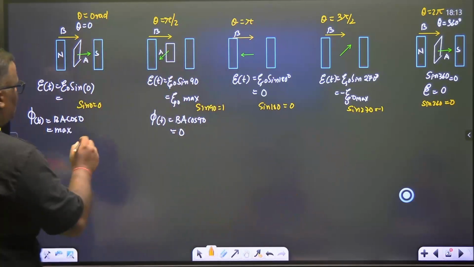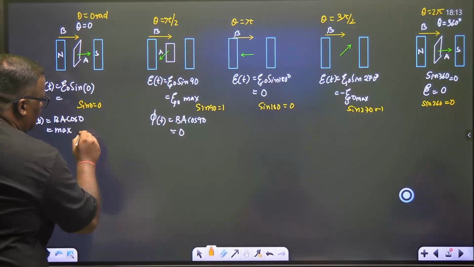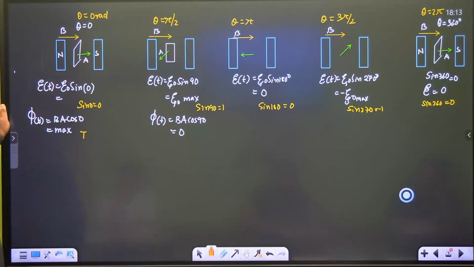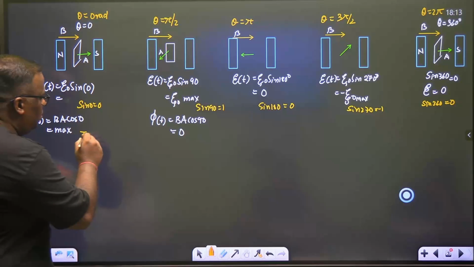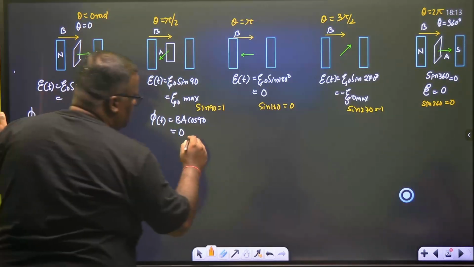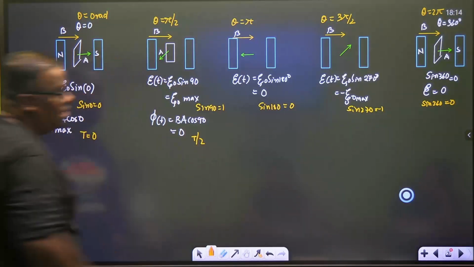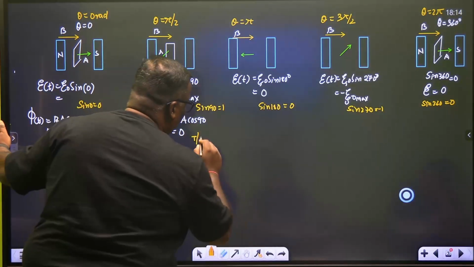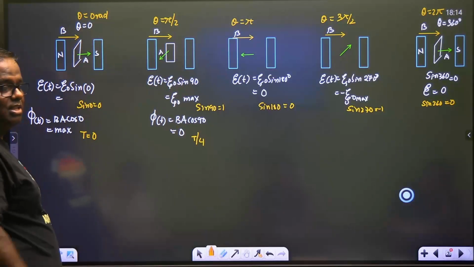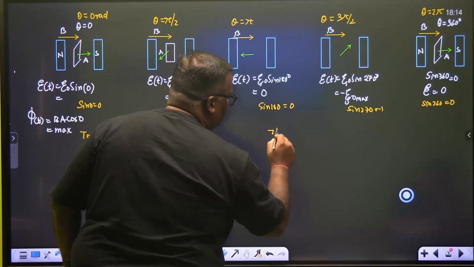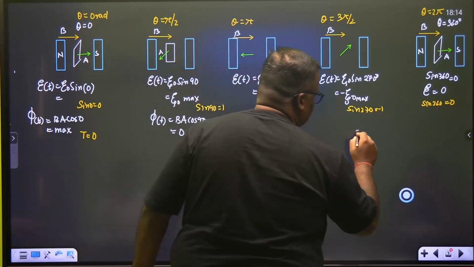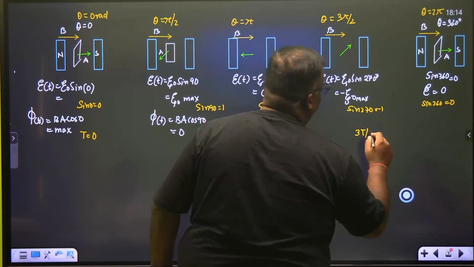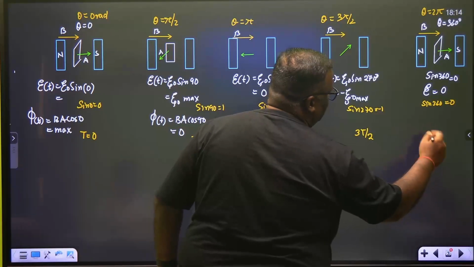So if this is t equal to 0, this is half T, this is 1/4 T, this is half T, this is 3T by 2, and this is 4T by 2.